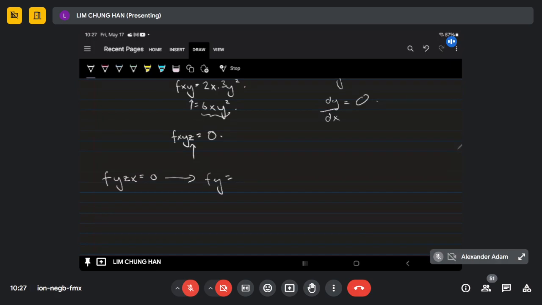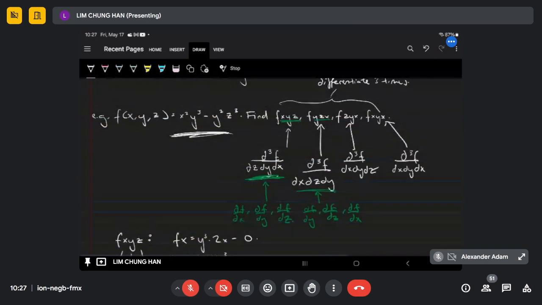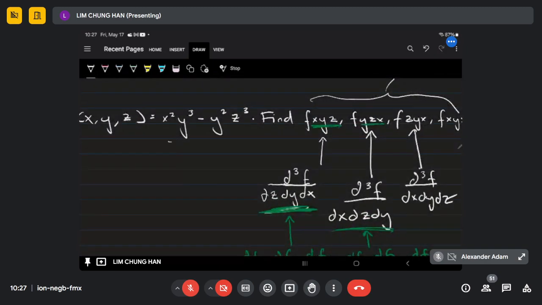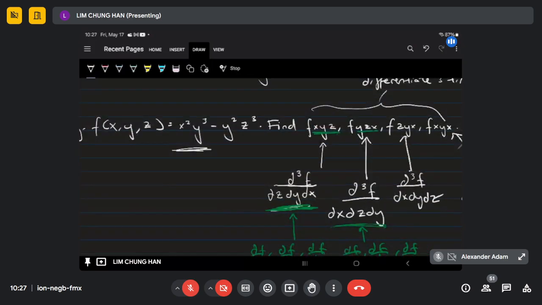So f y z x means you have to do fy first. You're differentiating against y. So we go back here. Let's look at the first term first. If we differentiate this against y, that means x squared is a constant.